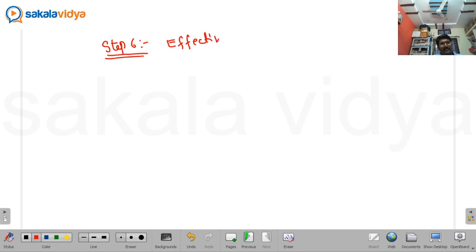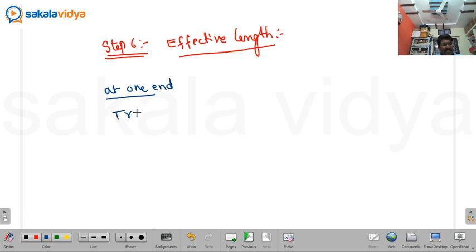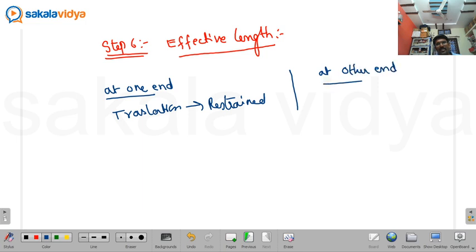Effective length. So at one end, our translation is restrained. At the other end, rotation is free.